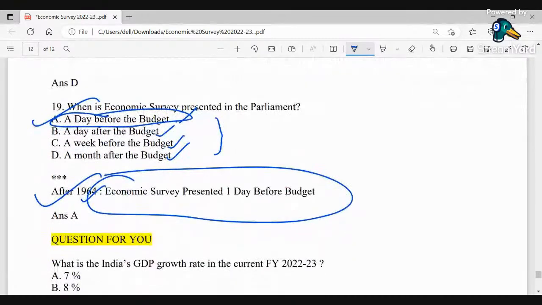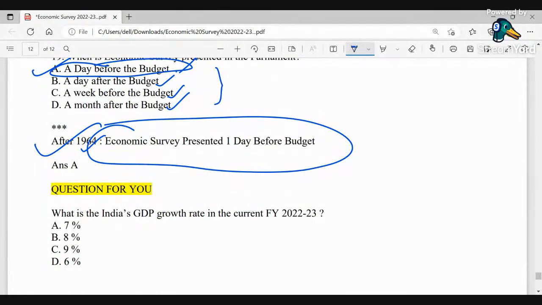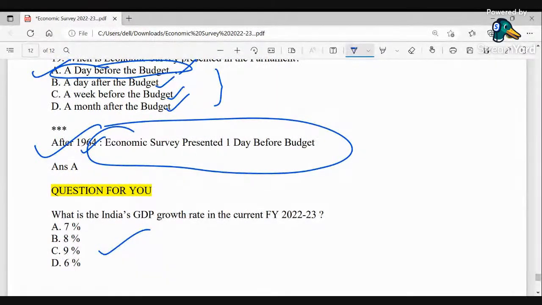Okay, so this is the final question. From the graph that you have seen, everyone should attempt this question. What is India's GDP growth rate in the current financial year 22-23? Can anyone come up with the answer, as I have already shown you in the graph?